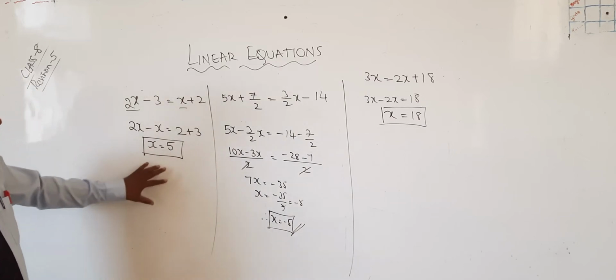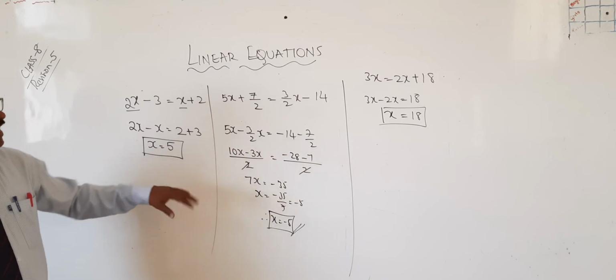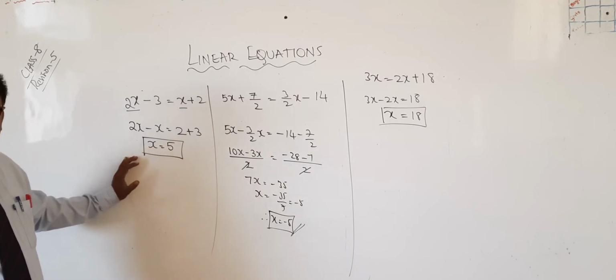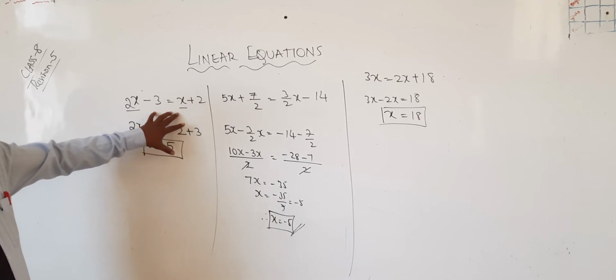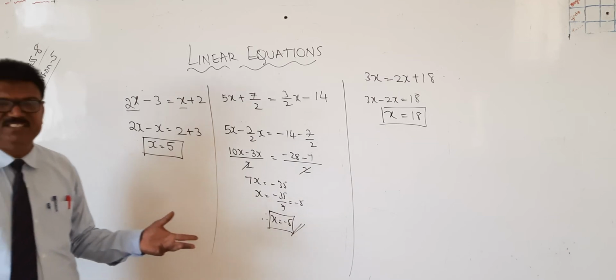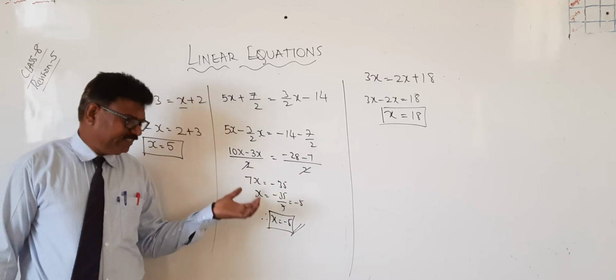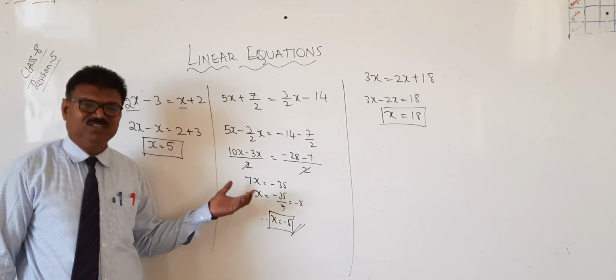Before that, the variable was present on only one side, but now in this type of problems, the variable is present on both sides. Therefore, I told you which is bigger and which is positive. Like that only we will exchange. Exchange means numbers will be on one side and variables will be on one side. Okay?